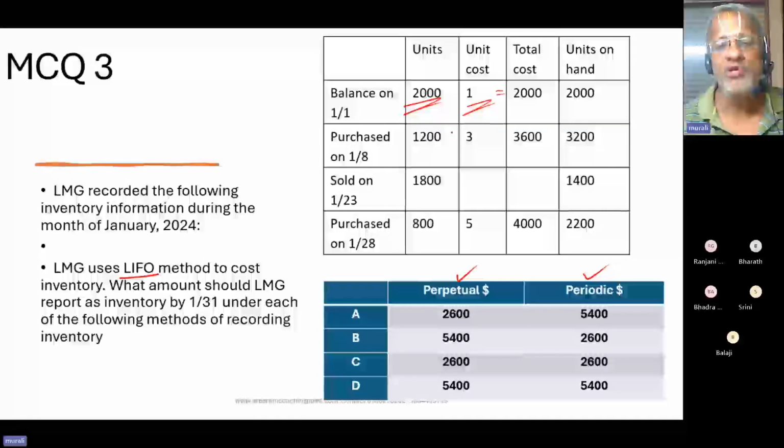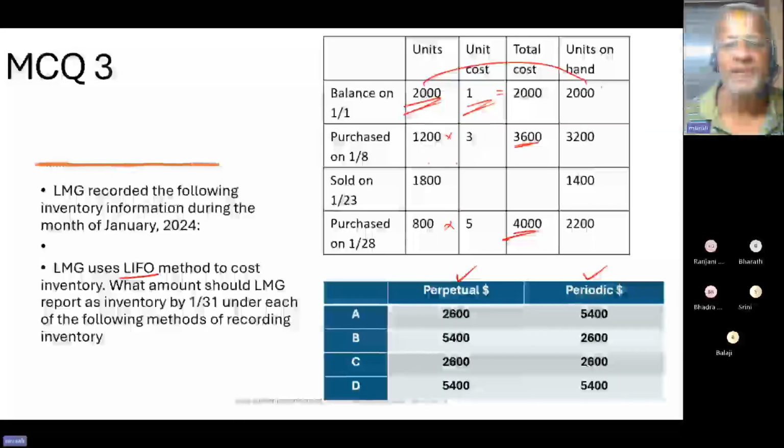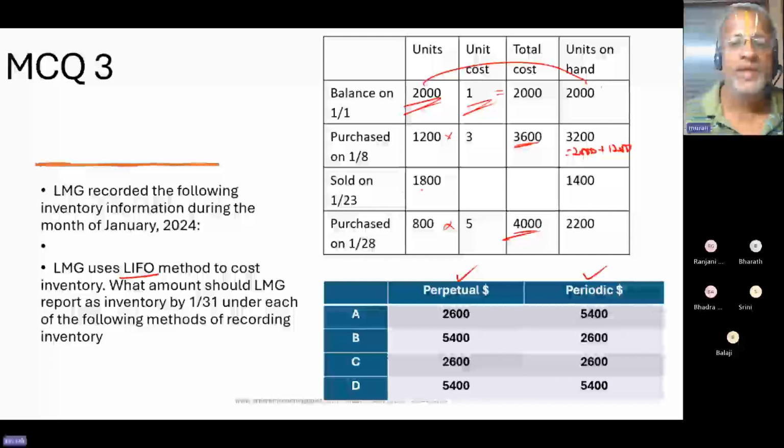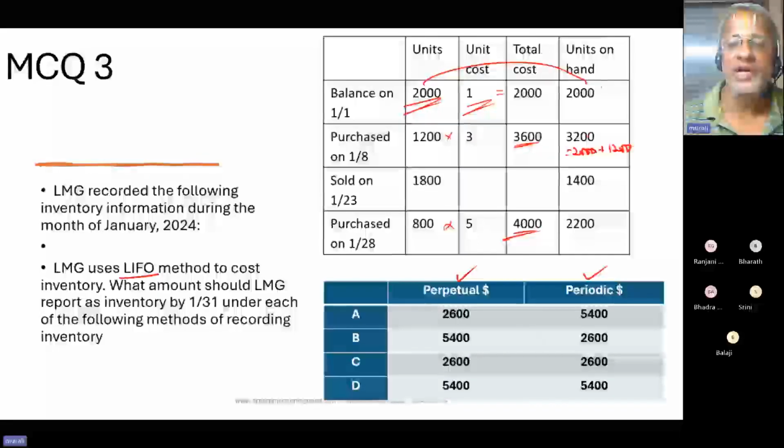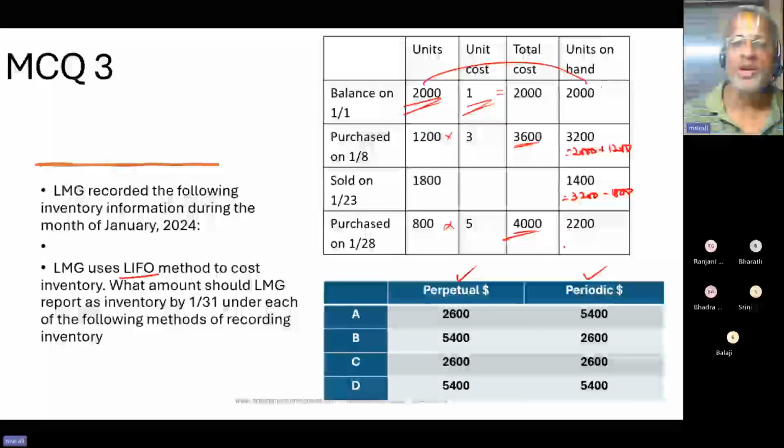So 1200 into 3, 3600, 800 into 5, 4000. But these are all units in hand. So this unit comes up here after purchases. This is 2000 plus 1200. 1800 when you deduct from 3200, this is 3200 minus 1800. How does 2200 come up? 1400 plus 800. That is the way you are arriving at it.